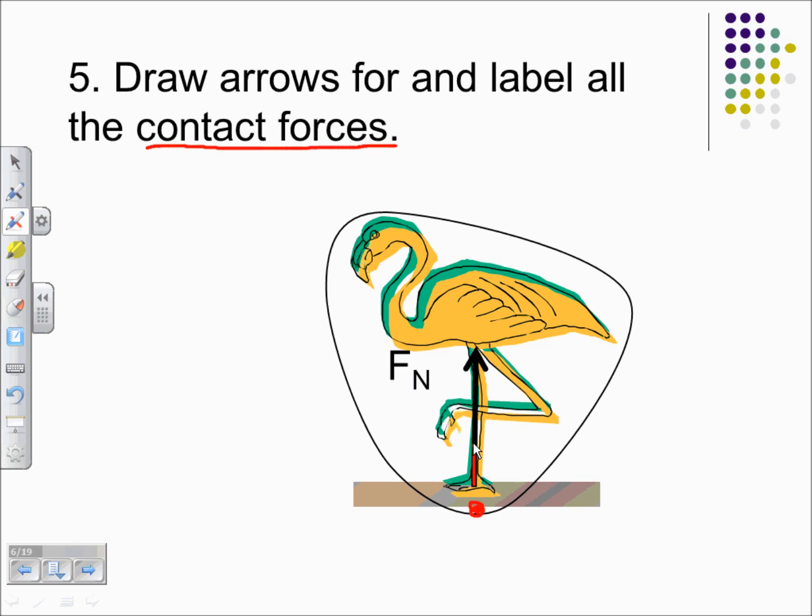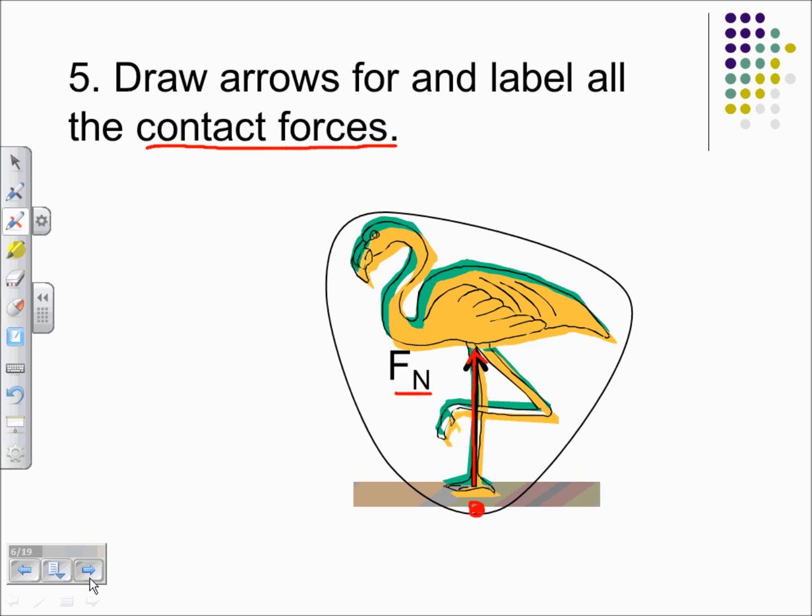So as you can see, we've drawn in an upward force, called it a force normal, because without the ground, the bird would be in free fall. It would fall down. And in this case, the floor is supporting the bird. Now if we look on our note sheet, there are no other contact forces that we could pick out. The only one is going to be normal force in this case.